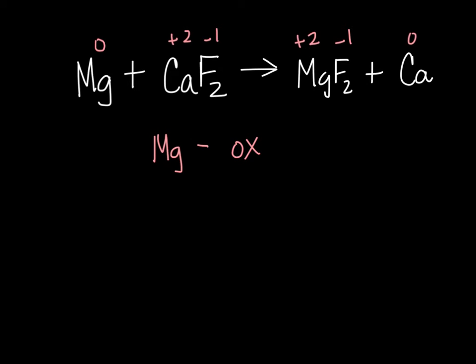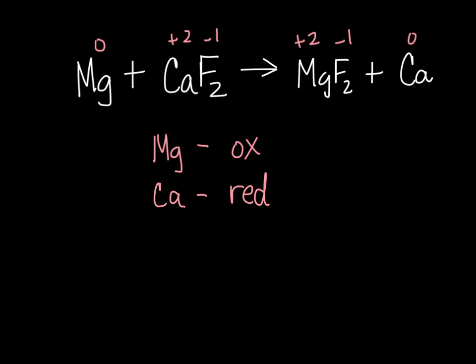So that is oxidation. Okay, now we take a look at the next thing. Calcium is plus 2, and it goes to a 0. See how the number is going down, plus 2 to 0. So if the number is going down, then that is being reduced, okay?